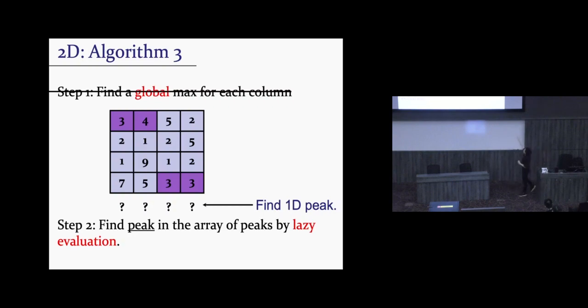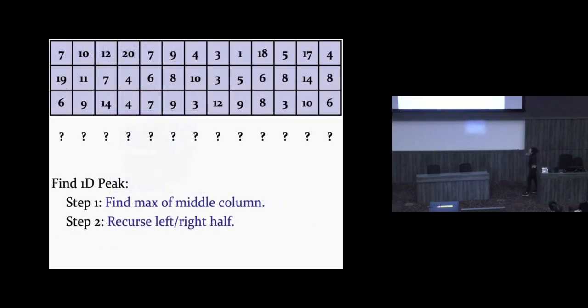I know we're scratching out step 1, so step 2 is kind of step 1, maybe a bit confusing. But let's just try to run the 1D peak finding algorithm, and when we try to run that, it's going to want to get a column maximum, right? So let's say I have a really massive array. We can't see the entire thing because, of course, data is always that big nowadays. So let's change our algorithm a little bit.